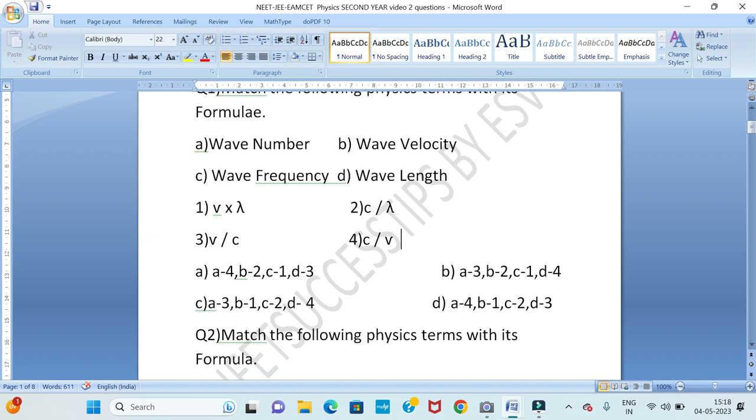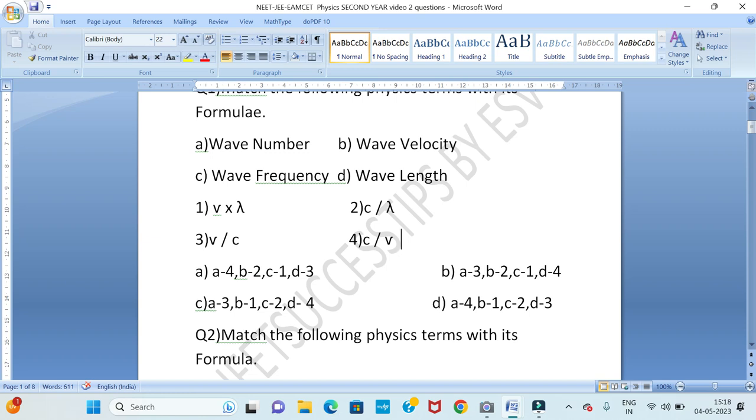What is the answer? Answer is 3. Wave number is equal to V by C. Next, wave velocity is equal to V into lambda.